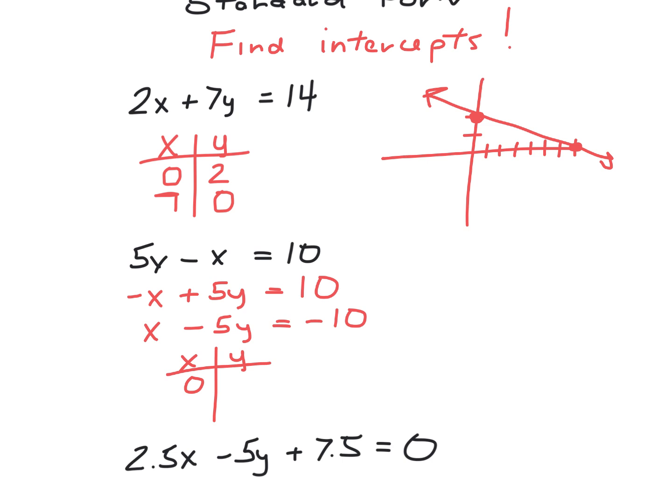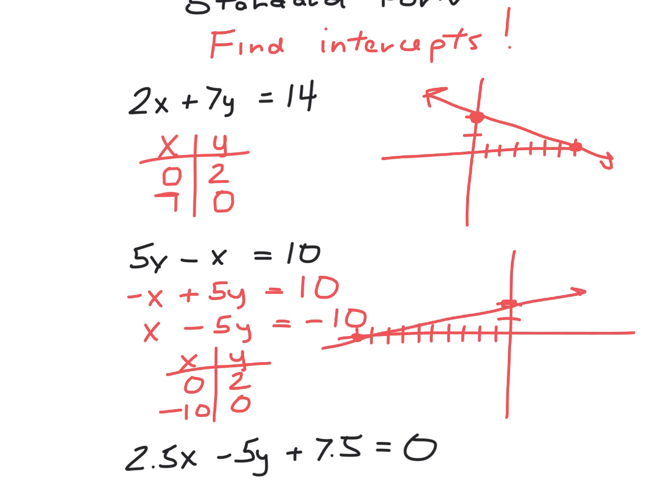I'm going to get y to be 2. If I put 0 in for y, cover up the y, I would get x to be a negative 10. And then I'm going to go to negative 10 on my x-axis, positive 2 on the y, and draw my line through those 2 points.